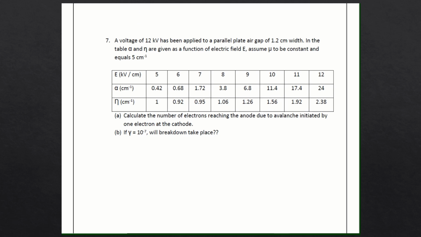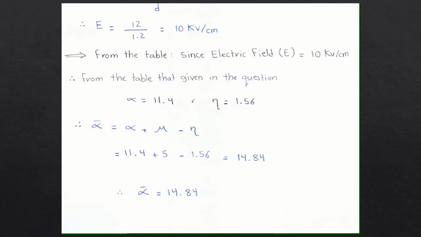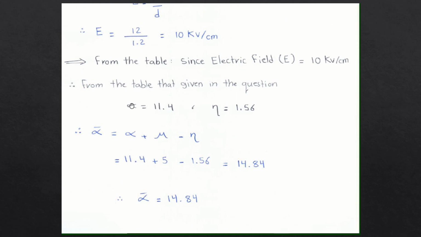So let's go back to the answer sheet to complete this question. Since we got the value of the ionization and the value of the attachment coefficient, and the value of the photoionization is already given in the question, we can easily find the net ionization.